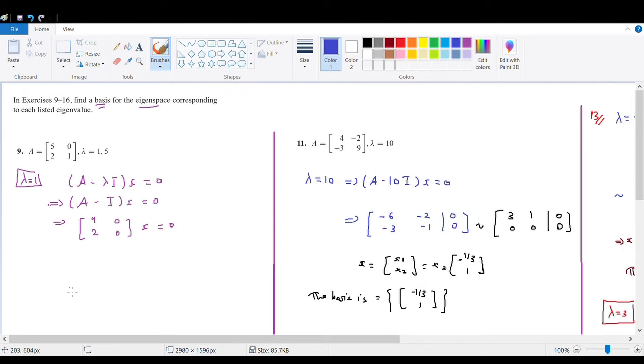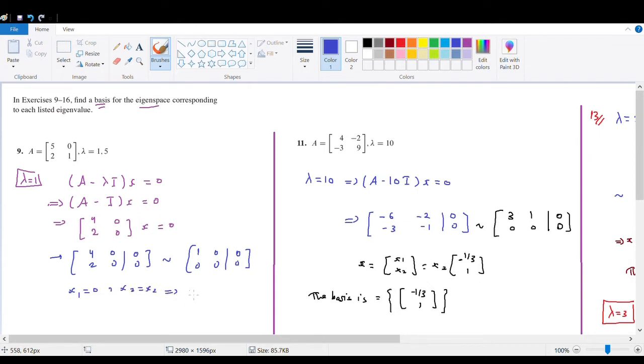So we need to do row operations to find our x. After doing row operations, we get 1, 0, 0, 0. So from here, x1 is equal to 0, x2 is equal to x2.